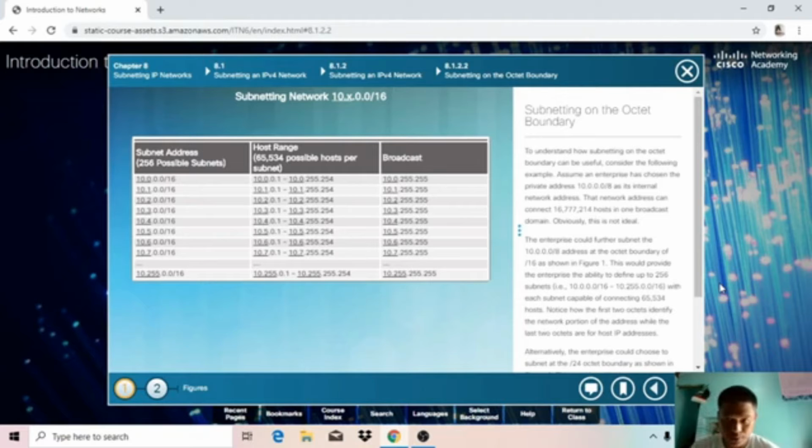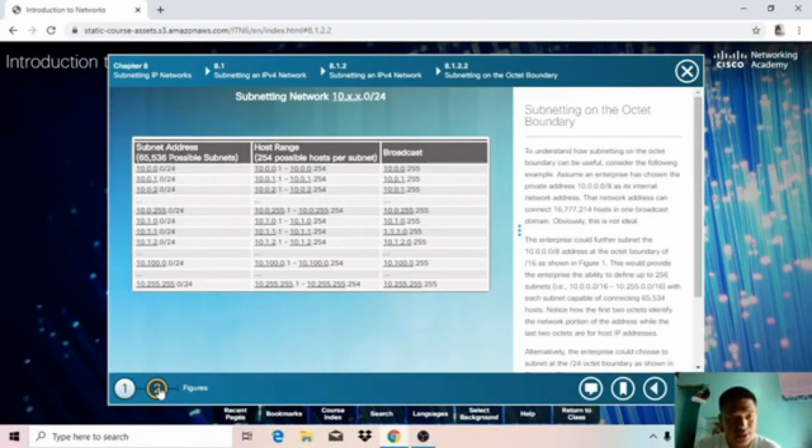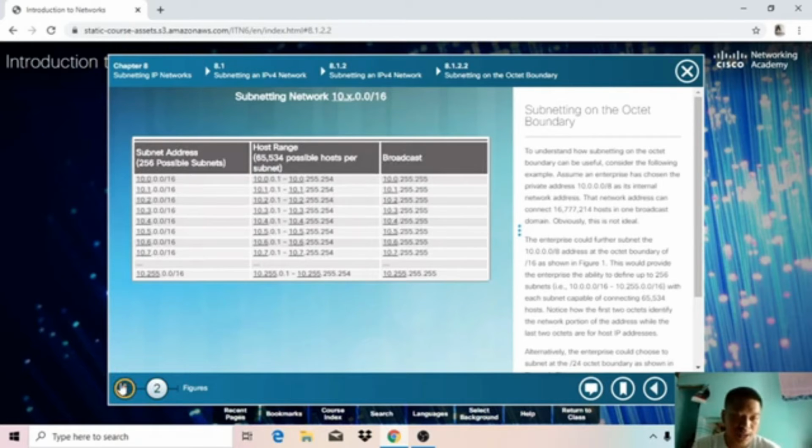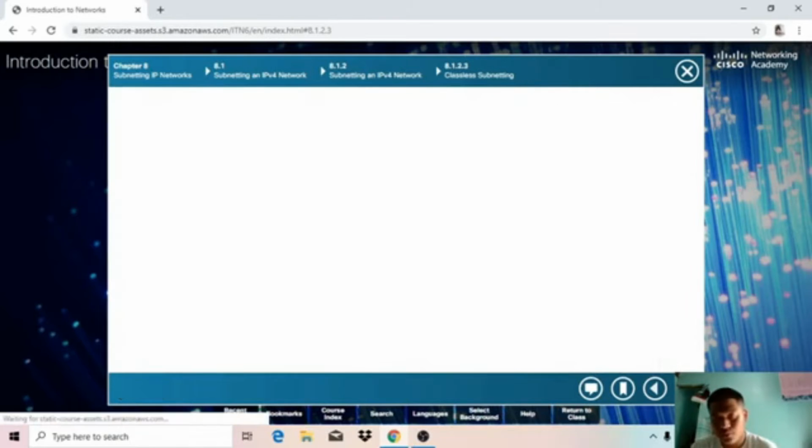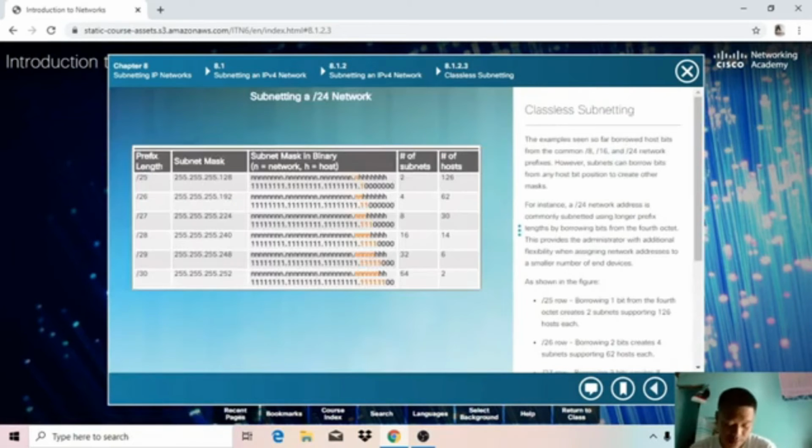Consider the following example, figure 2. This has 65,536 possible subnets and 254 possible hosts per subnet, and this is the broadcast. Did you see the difference between figure 1 and figure 2? So let's wait, the internet is very slow.